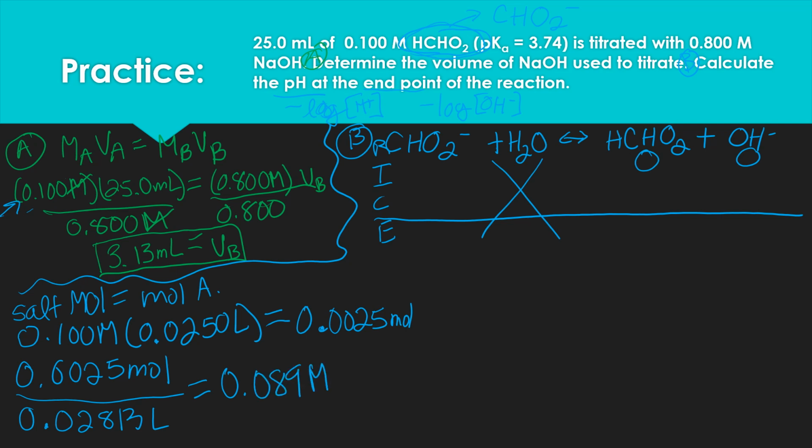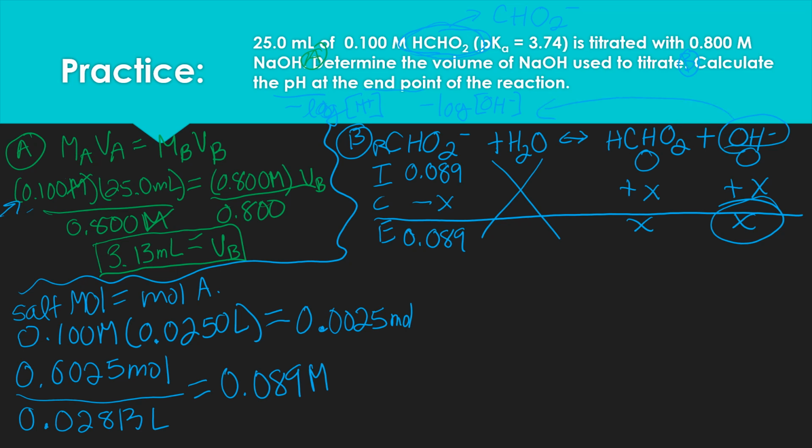So there's our initial concentration for our salt. All right, we've got our RICE table. We use our X's for these because we're trying to find that concentration at equilibrium. So our main goal is to find this X value so we get our hydroxide so we can then find pOH and pH.